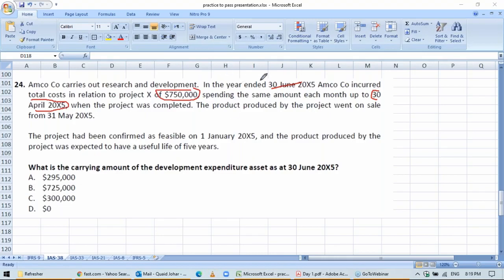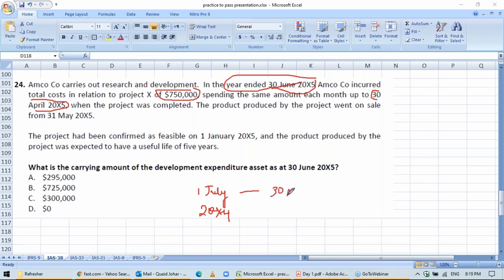They say in the year ended 30th June 2005. This means that they started the project on 1st July 2004, right? So 1st July 2004 they start and they completed on 30th April.